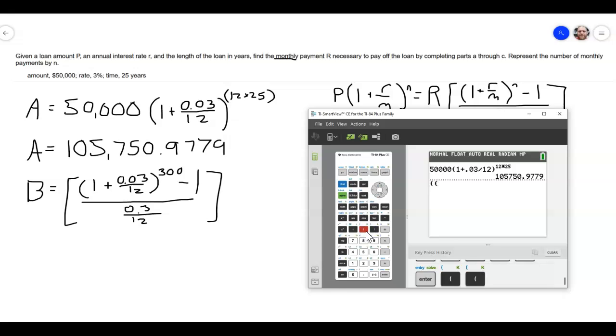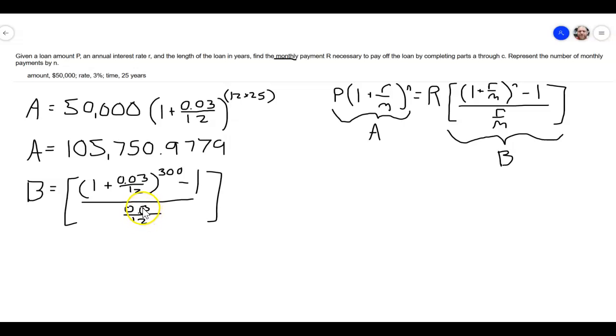So it's going to be a double parenthesis: 1 plus 0.03 divided by 12, close parenthesis, raised to the 300th, close parenthesis, over, then open parenthesis, 0.03 divided by 12.